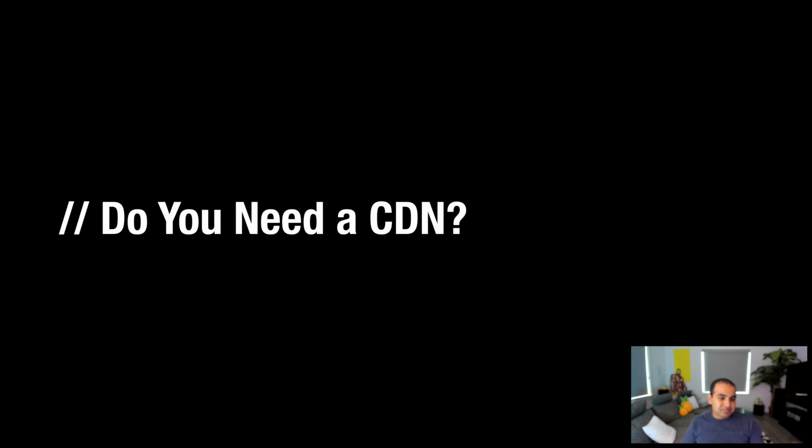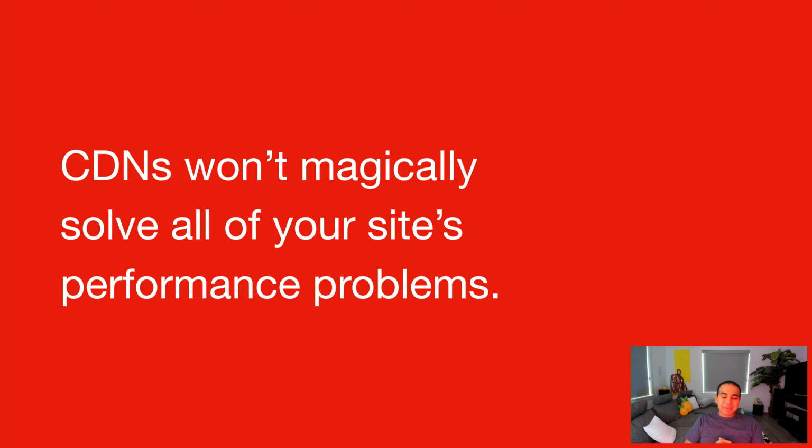Now, the last thing is, do you need a CDN? Is it something that you would really benefit from? The main thing to take away is that CDNs won't magically solve all of your site's performance problems. There's a boatload of things that happen between someone requesting some content on your site and the first pixel being painted on screen.